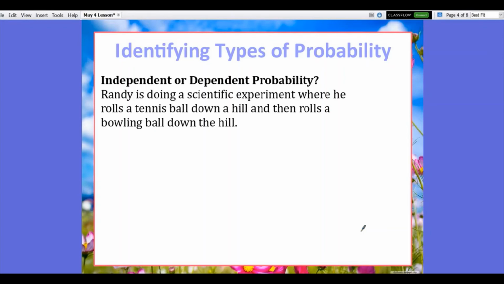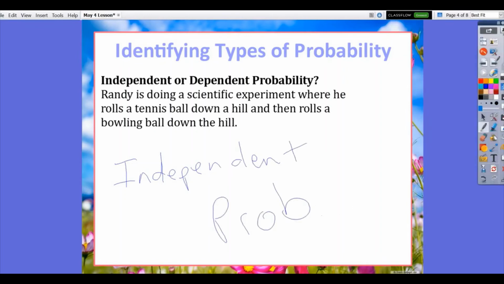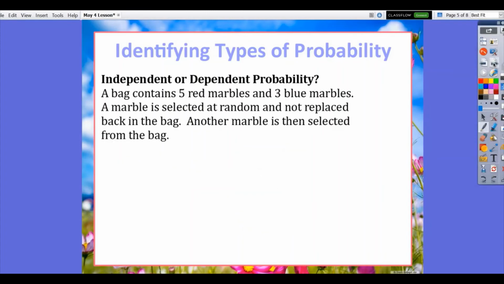Is anything at all changing? Absolutely not. They have nothing to do with one another. So this is definitely independent probability.